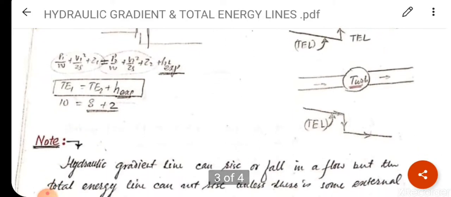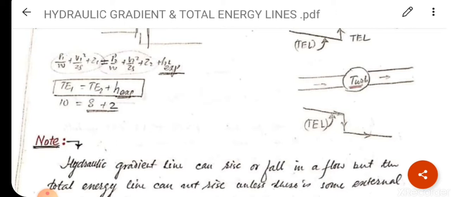Now see another example. Fluid is flowing and passing through turbine. There is a turbine in between during the flow. So before turbine, total energy line as usual moving in the slope way, and after turbine, what will be occurring?